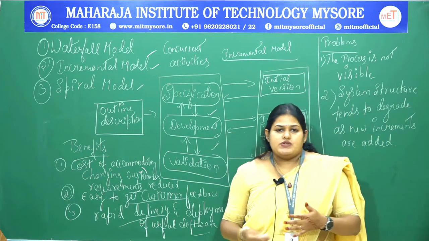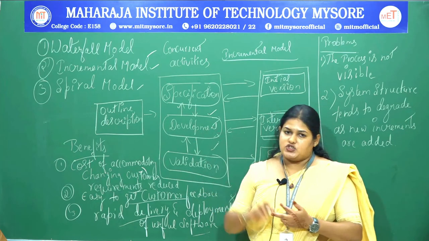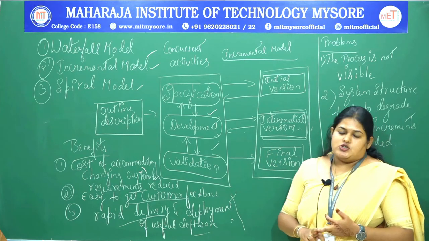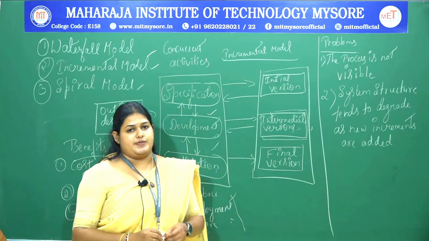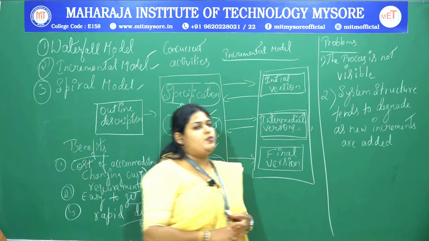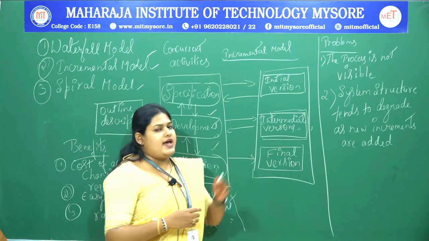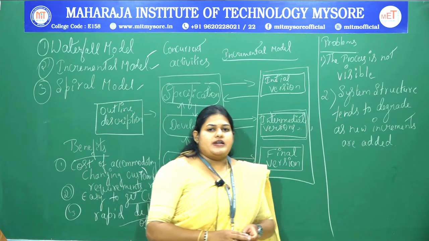So, each time the software engineer may not maintain the documentation. That is why here the process is not visible. That is the problem, where we may not understand the clear or exact structure of what is happening there. So, that is the first problem.